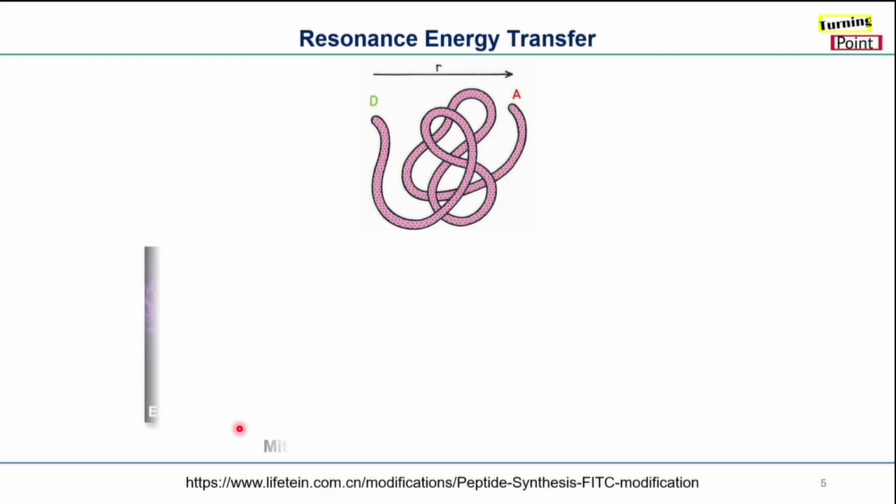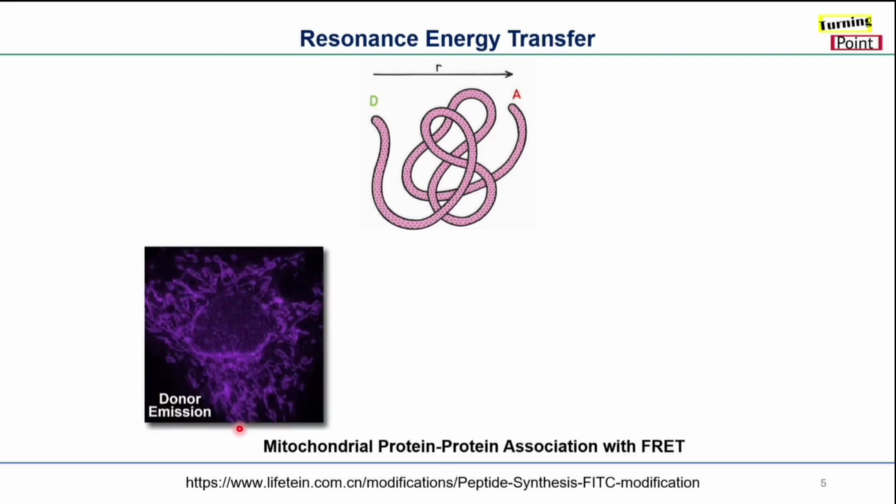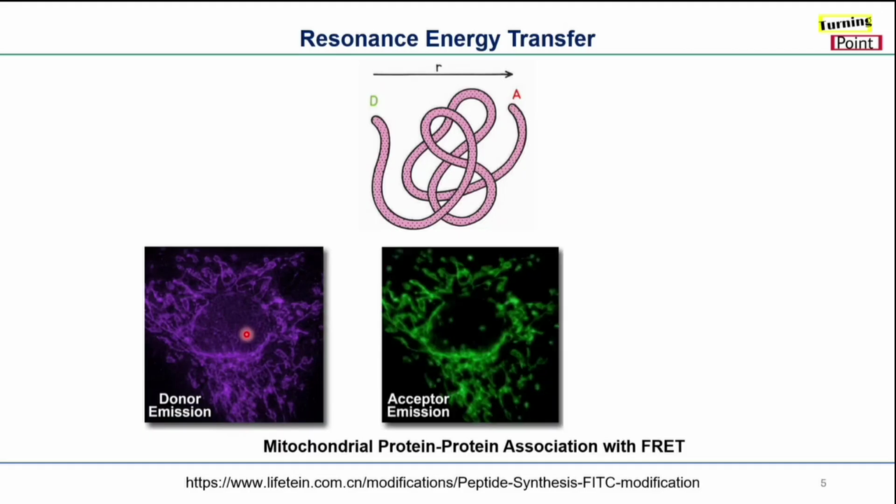Now if you look at the first image, this represents the donor emission. Here, only the donor molecule is excited and we observe its characteristic emission, shown in the purple region. In the second image, we see the acceptor emission, which corresponds to the fluorescence of the acceptor molecule.